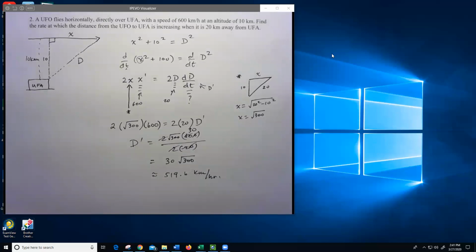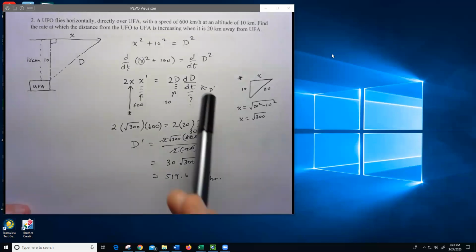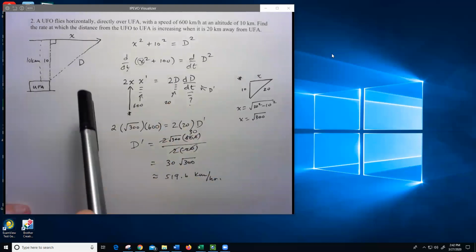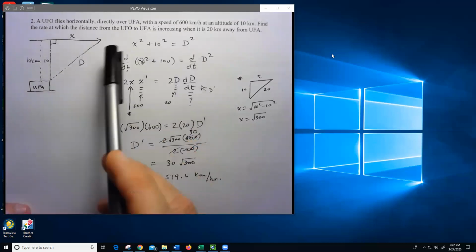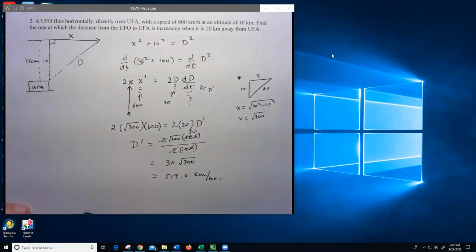Okay, so the plane was traveling at a constant speed. But what I'm doing is circumventing having to write a function for this. You're able to work completely by just relating the rate of change of this distance to the rate of change of that distance.